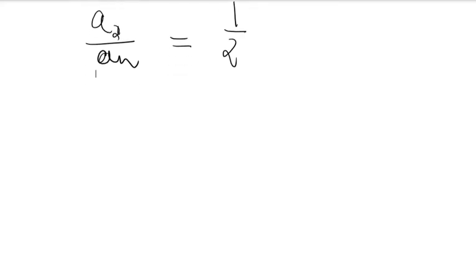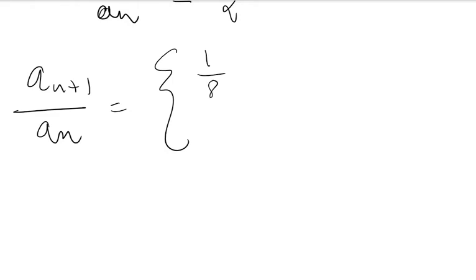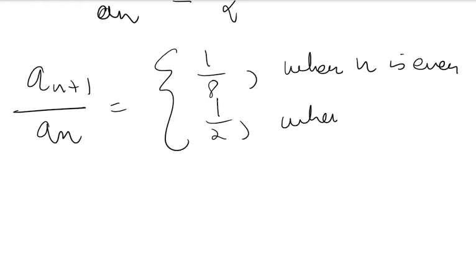We are getting two things, right? For a(n+1) by a(n), it's coming 1 by 8 when n is even, and 1 by 2 when n is odd.